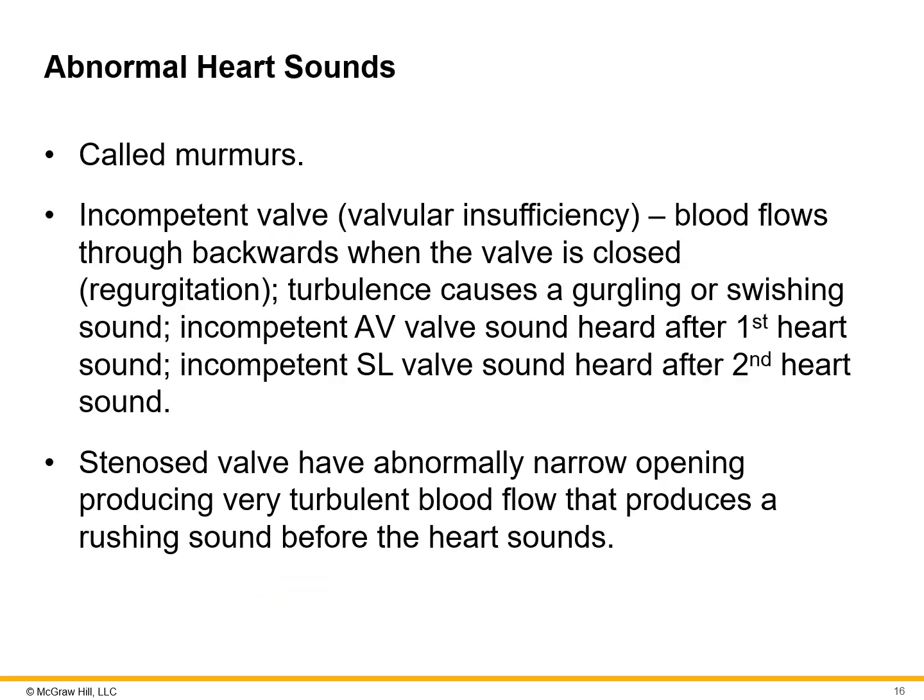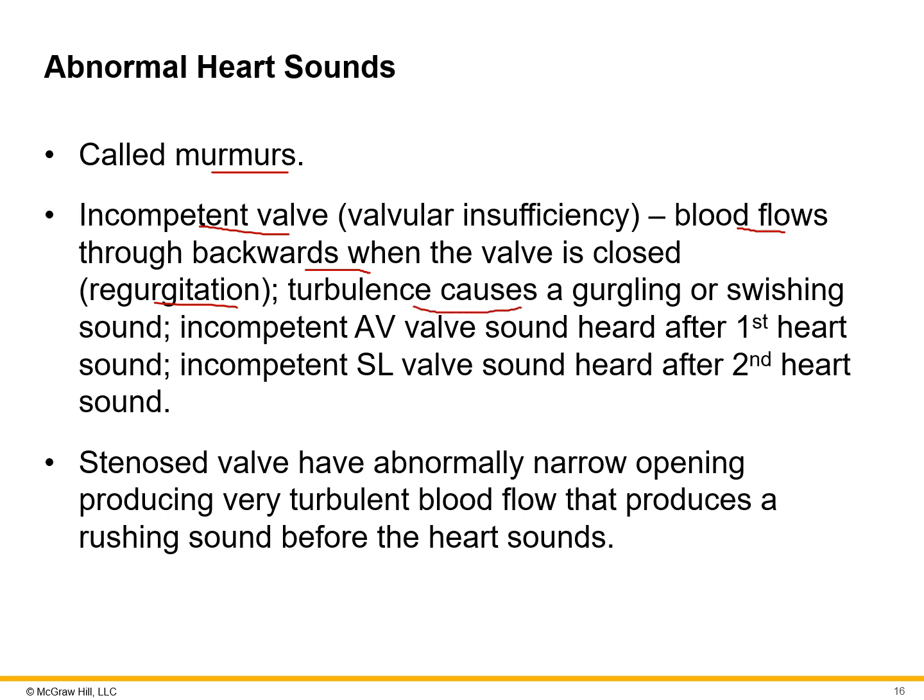And then there can be some abnormal heart sounds as well that are called heart murmurs. This is where we get incomplete valves that are closing, or valvular insufficiency. And this is where blood flows through backwards when the valve is closed, or it's regurgitation.